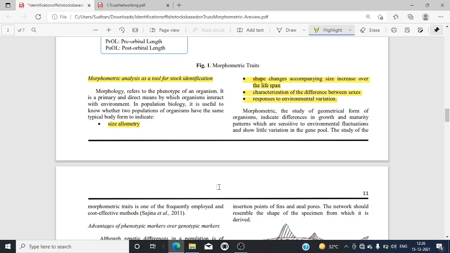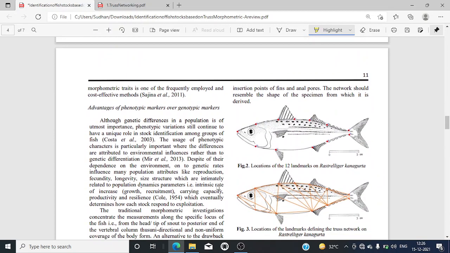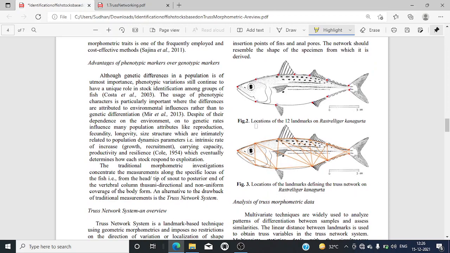If you are comparing the larval, juvenile, subadult and adult population, you could differentiate the size changes or the shape changes in terms of morphological or morphometrical characterization, difference between sexes like male and female, and again responses to the environmental fluctuations. Here this paper has discussed the 12 landmarks of Rastrelliger kanagurta, that is Indian mackerel.